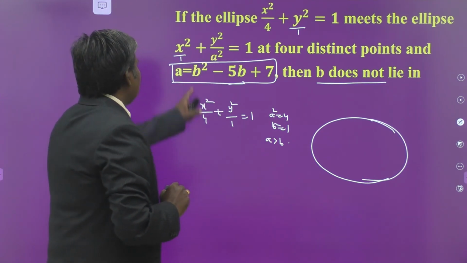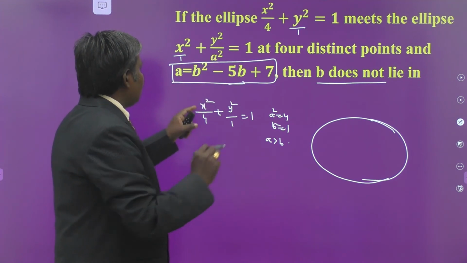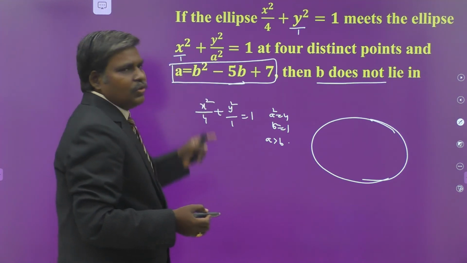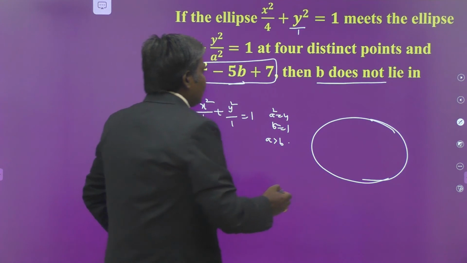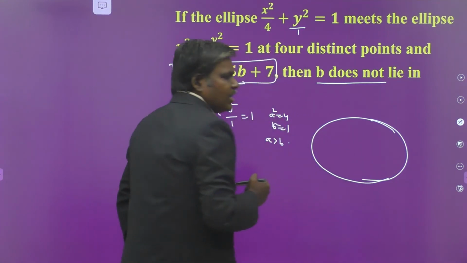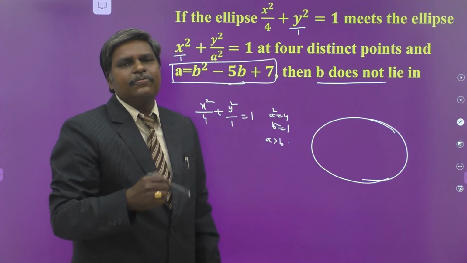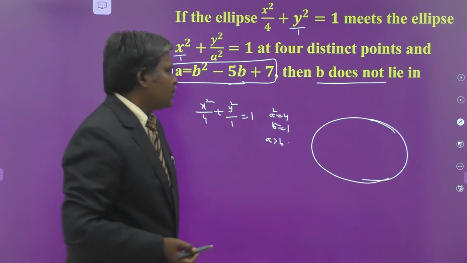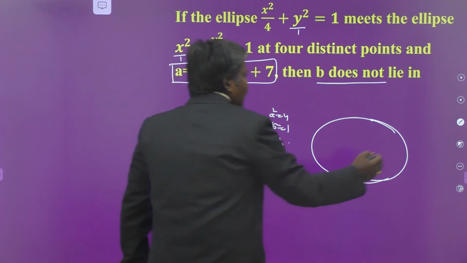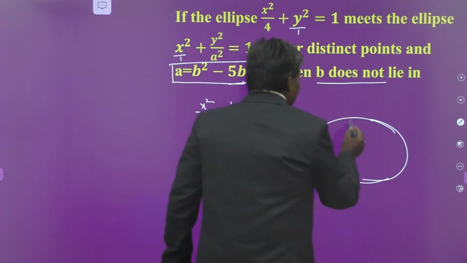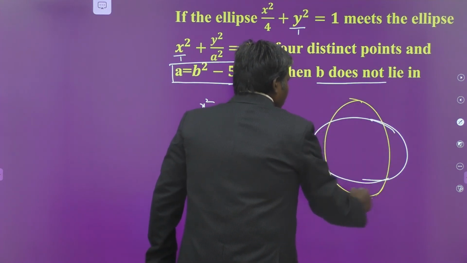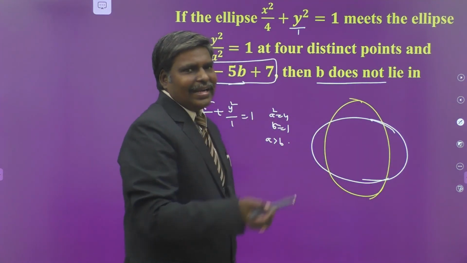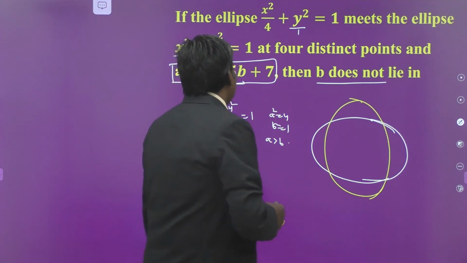If 1 is greater than a square, the length of the major axis is 1 unit only, and then one ellipse is inscribed in the other ellipse. At that time we can't get 4 real and distinct points. So your second ellipse must be in this form, and at that time only you have the 4 points of intersection.